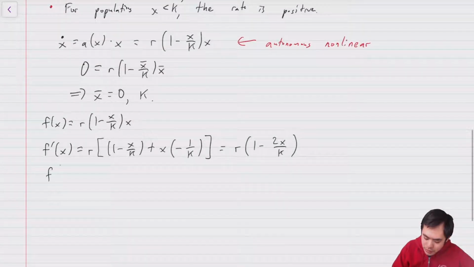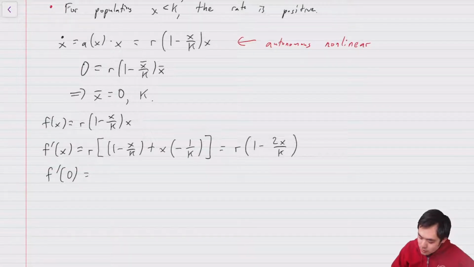Okay, so then we know that f prime of 0 is equal to r, and f prime of k, well, when we plug in k into that, you end up with minus 2k over k, which is minus 2, so that's minus r.